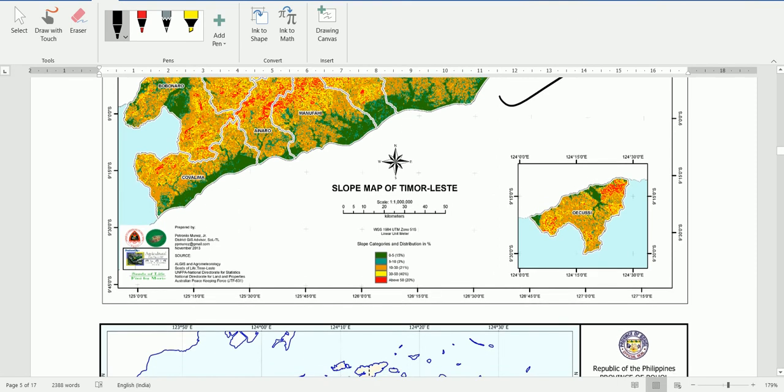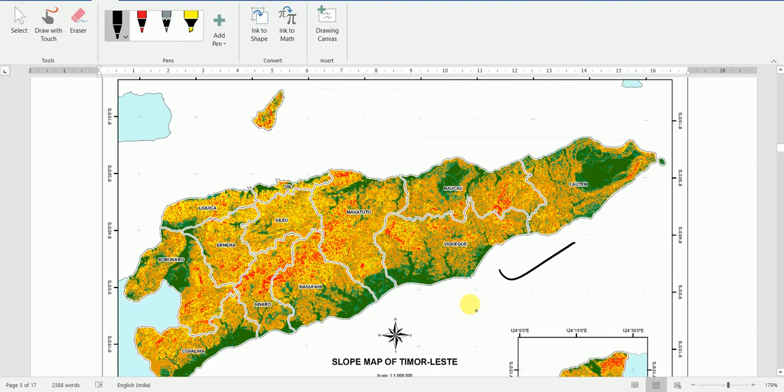And see here, the slope category is also given. 0 to 5 is represented by green color, then 5 to 10 by a light green color, and accordingly you will see. So all these show the slope of the land. This is what I call slope.